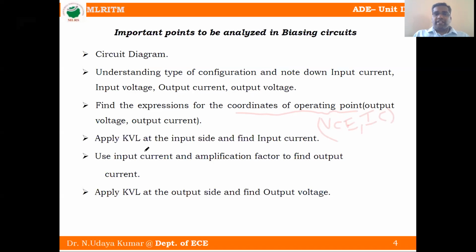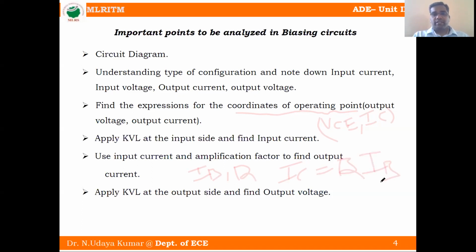Then apply KVL, Kirchhoff's voltage law, at the input side and find the input current. Use the base current IB and amplification factor beta to find the output current. What is the output current? IC is equal to beta IB.